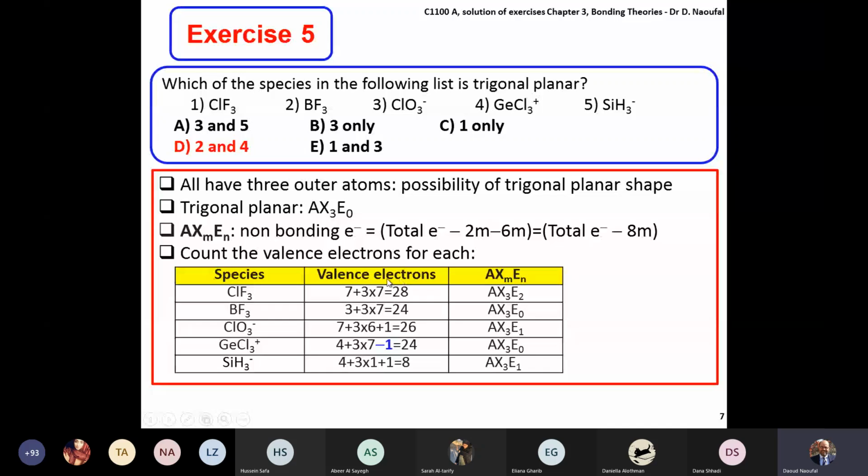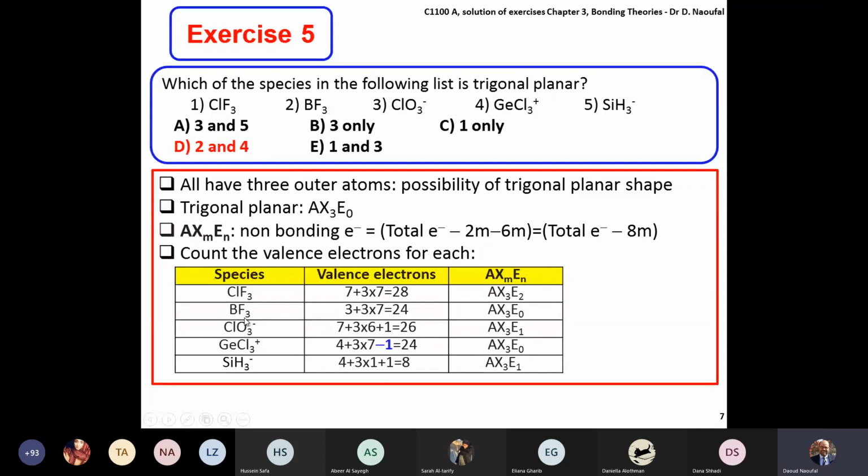We have 28 minus 8 times 3, so 28 minus 24, so the form AXmEn is AX3E2.